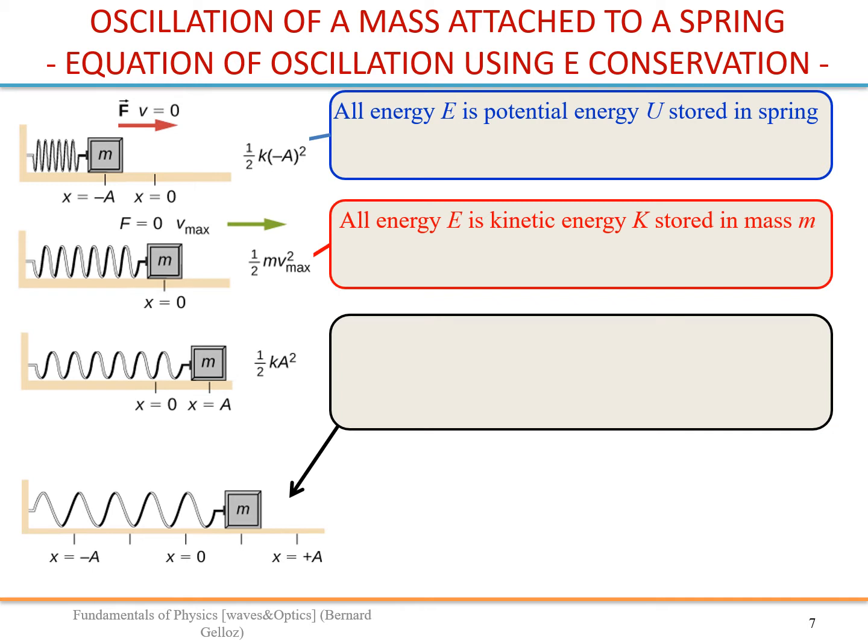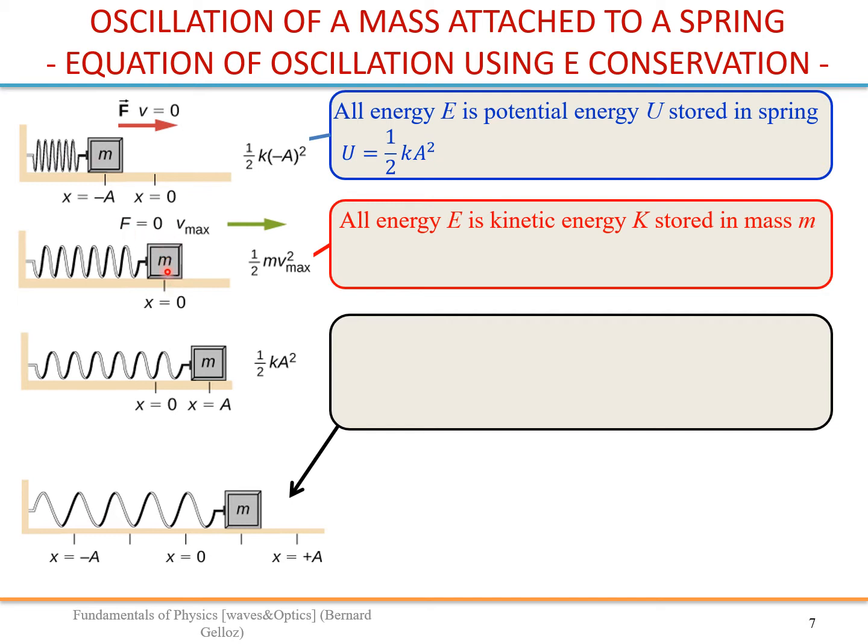In the first case here, delta x is minus a, so your energy here will be just given by this, because the speed is 0, so you don't have any kinetic energy. So this is the energy of the entire system in this state.